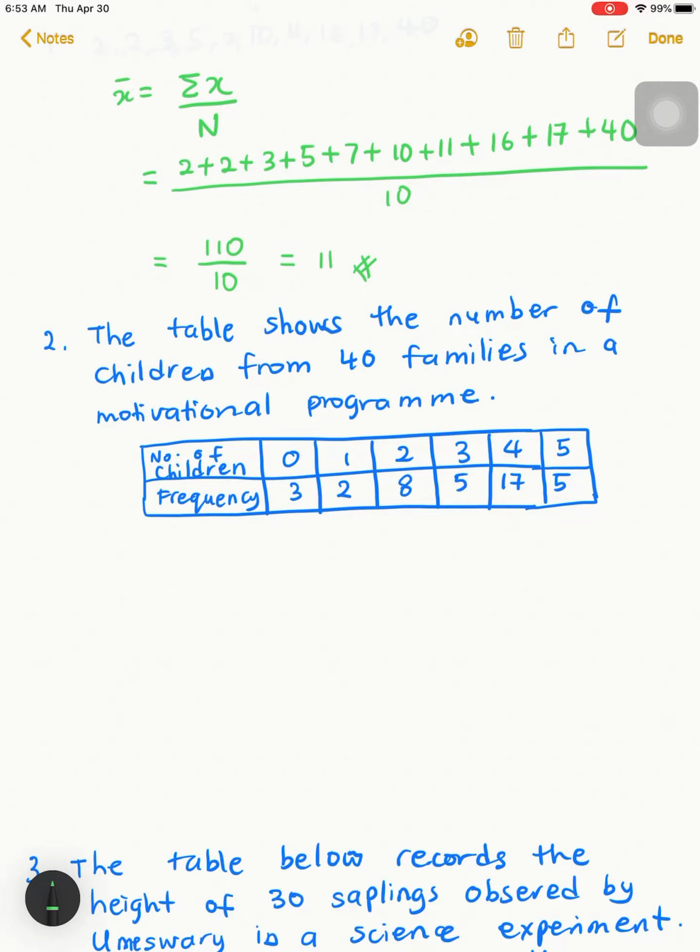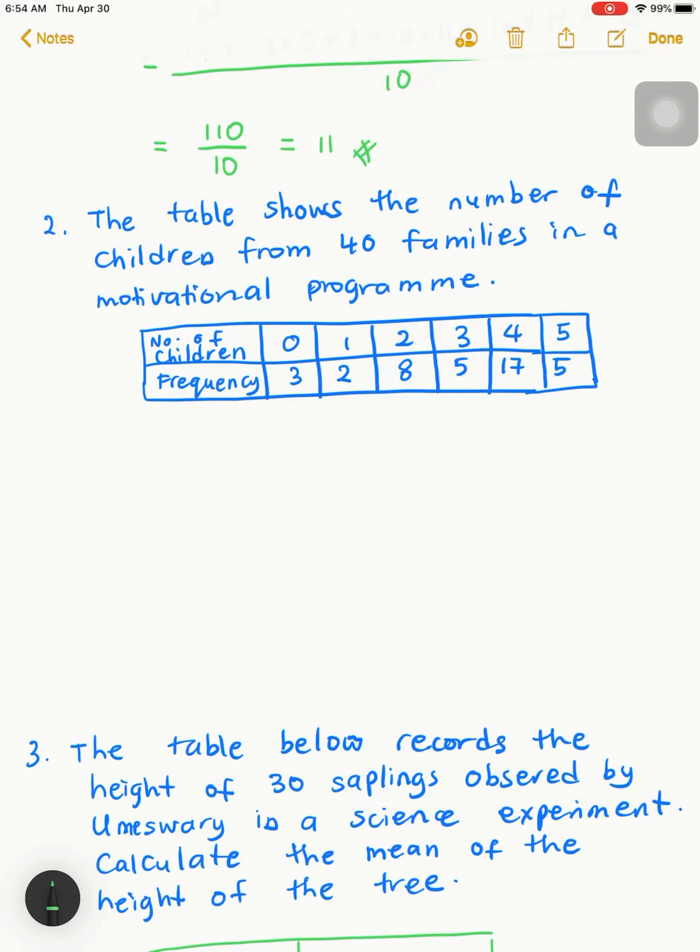For question number 2, let's look at the data first. The table shows the number of children from 40 families in a motivational program. For this one, you don't need to find the midpoint.